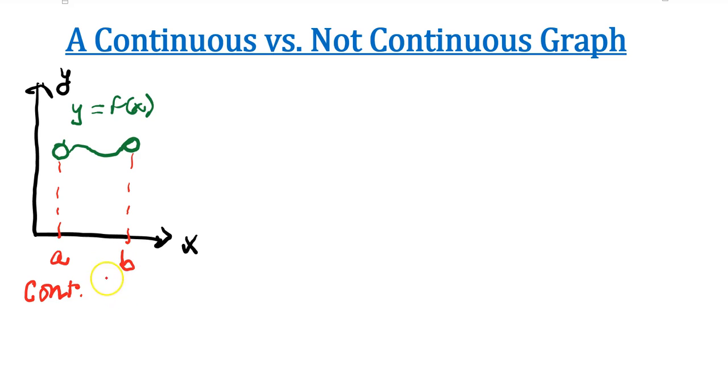I'm going to abbreviate CONT on the interval between a and b. If you remember from last year, we don't use brackets when we name continuity intervals. It's just parentheses, and it's named according to the x-axis. So this graph would be continuous between the interval of a to b.